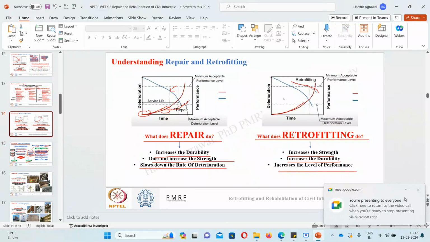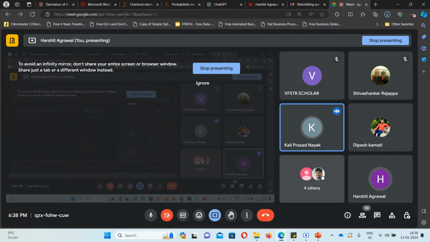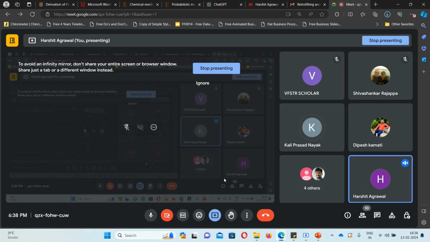No, you will see later on when we are talking about repair methods. From that you will get to know whether it is increasing the strength or just repairing the current state of the structure. Once I come to repair methods, you just visualize again what is happening to the structure and whether it is causing any strength improvement. Okay, sir.